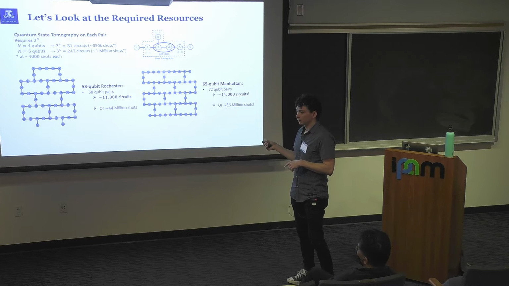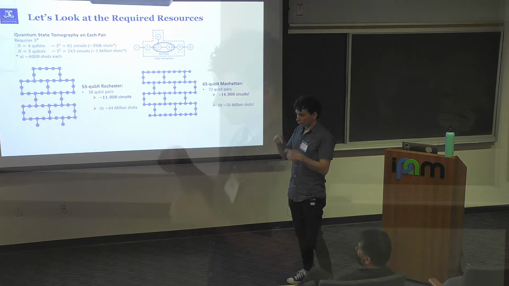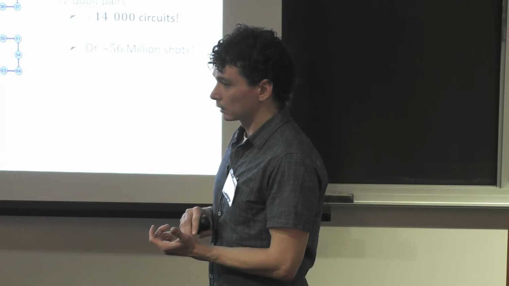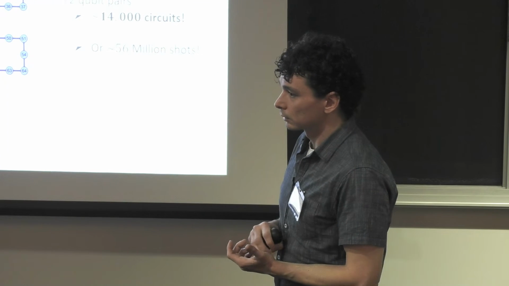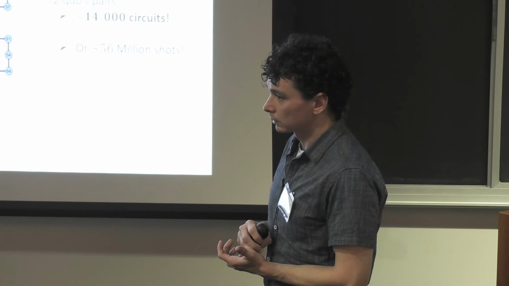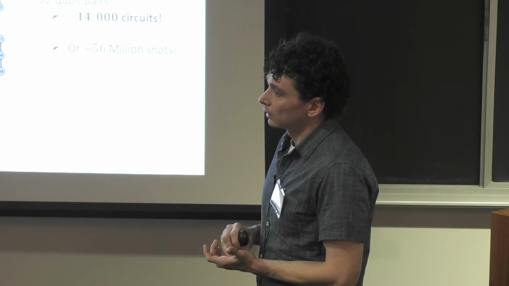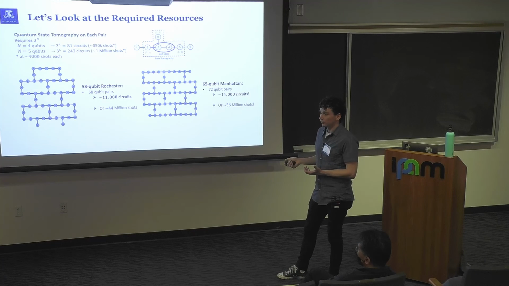Normally it's 4 to the n, but you can calculate the I basis measurements from the rest of them, so you only ever need to do x, y, and z. But in practice, you would often do an overcomplete set of measurements to get a better estimate of the density matrix elements. Initially we were doing that, but we didn't really find any significant difference. So that's why we just used the more optimized version.